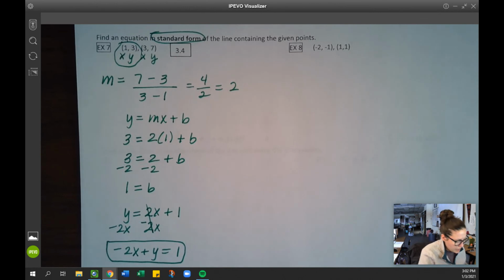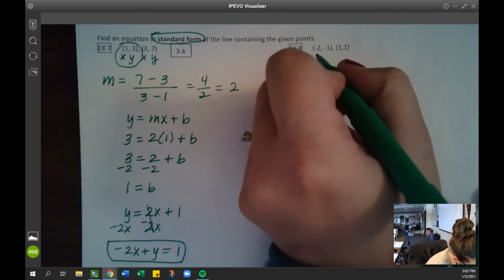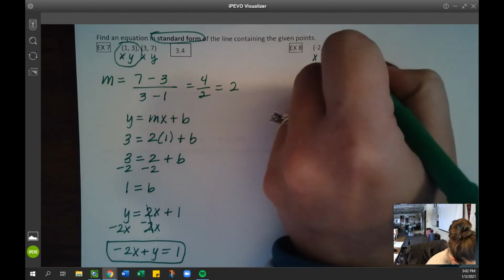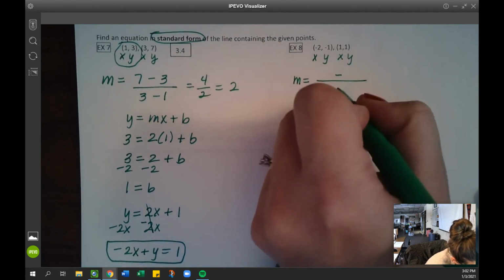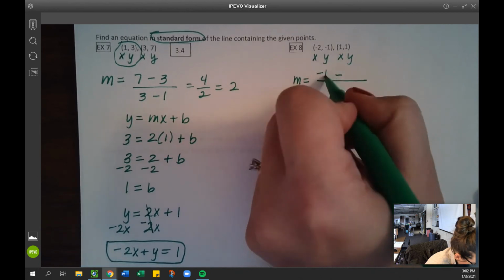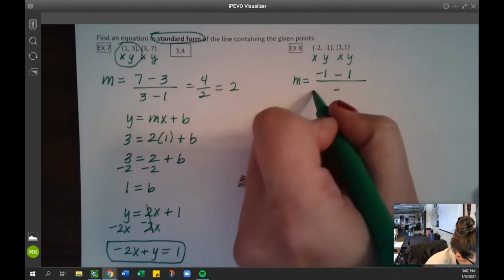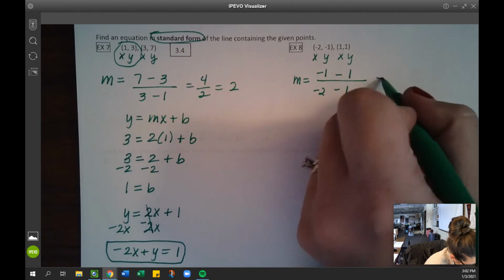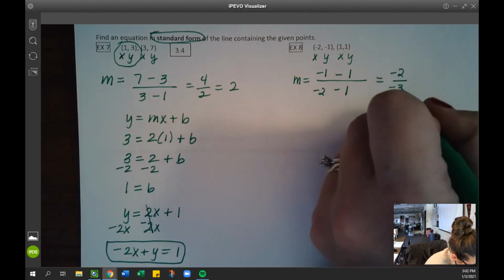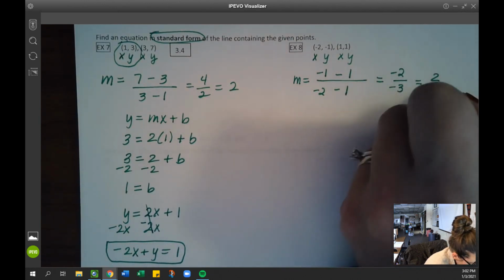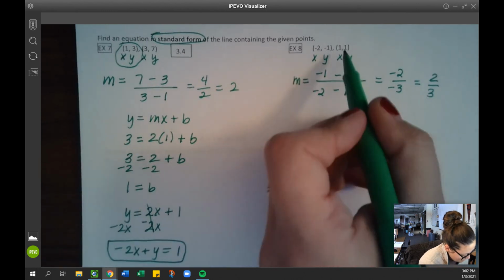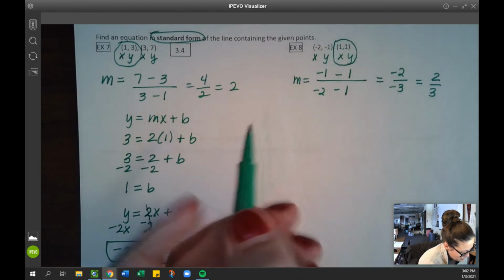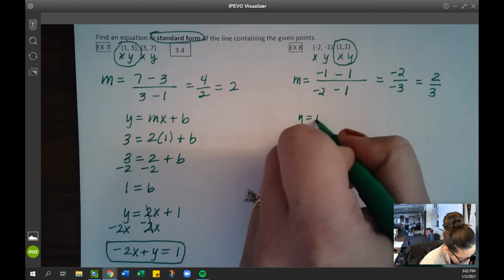All right, one last one here. Same thing. First of all, I need to find the slope, change in y over change in x. Set up my fraction. Negative 1 minus 1 over negative 2 minus 1 gives me negative 2 over negative 3, which when you have a negative over a negative, it's really a positive. All right, I'm going to use this point because I like to use positive numbers if I have the choice.